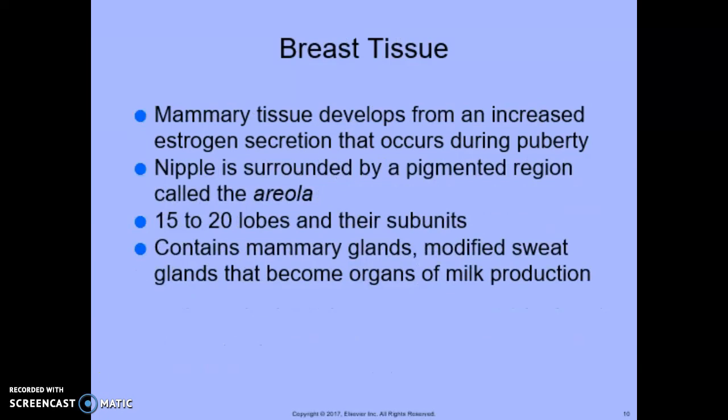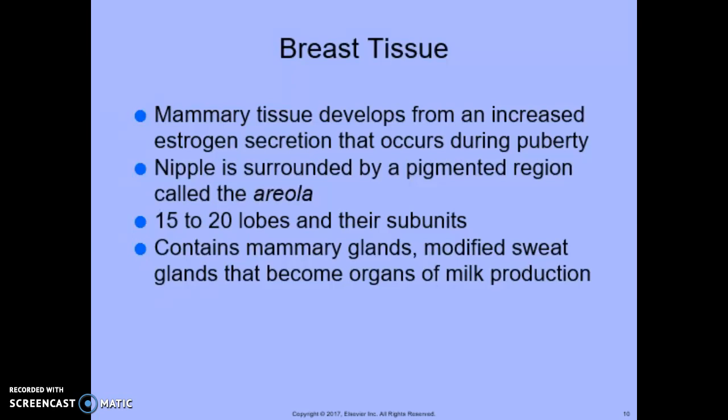Breast tissue. Mammary tissue develops from an increased estrogen secretion that occurs during puberty. The nipple is surrounded by a pigmented region called the areola. There are 15 to 20 lobes and their subunits. The breasts contain mammary glands, modified sweat glands that become organs of milk production when the female is pregnant.